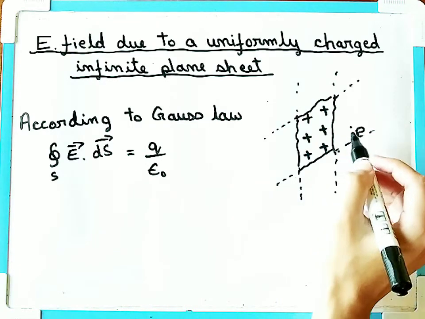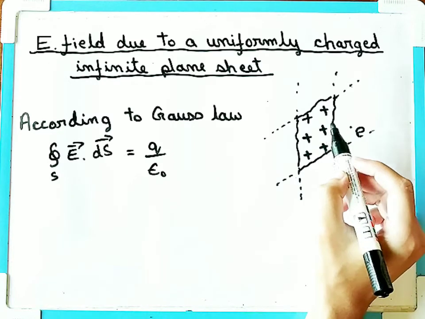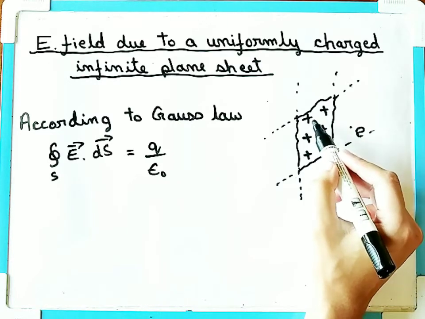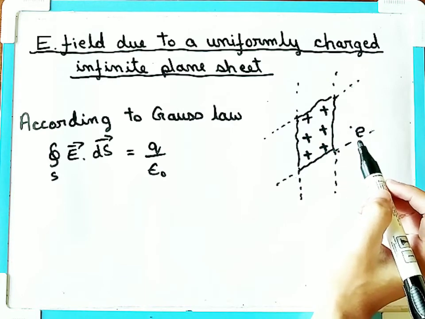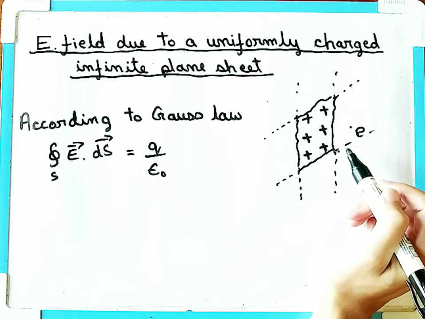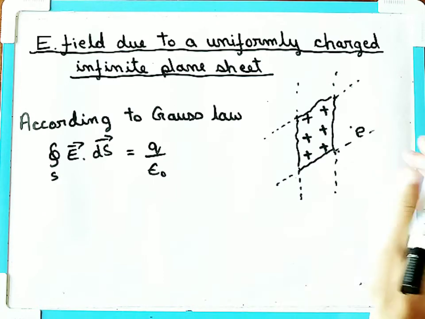So if you want to find the electric field at this point, then we'll have to enclose some amount of charge in this plane sheet. And to do that, we'll have to draw a Gaussian surface, which in this case we can take a cylindrical body or a cylindrical surface to be the Gaussian surface.